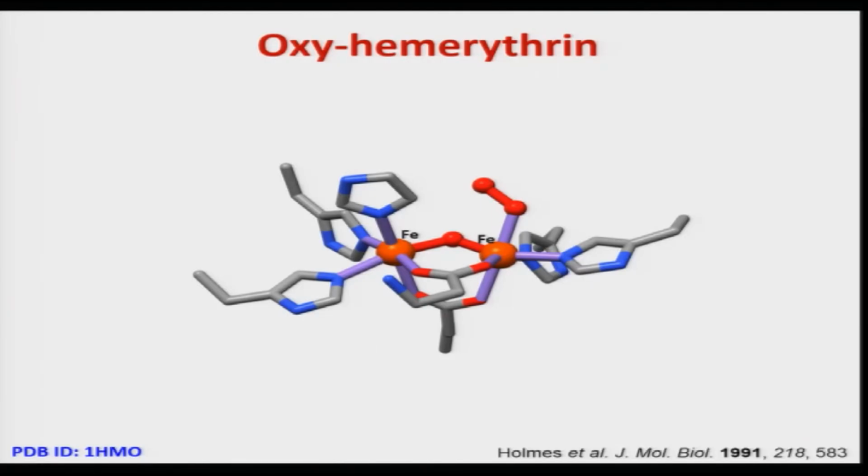You can see that dioxygen binds like this in O2 2 minus form, and the 2 iron centers are bridged by a mu oxo group. As you have seen, glutamate and aspartate are bridging between these 2 iron centers, and 3 histidine groups coordinate one iron center, whereas the other iron center is coordinated to 2 histidines, which we have just looked at in the previous slides.